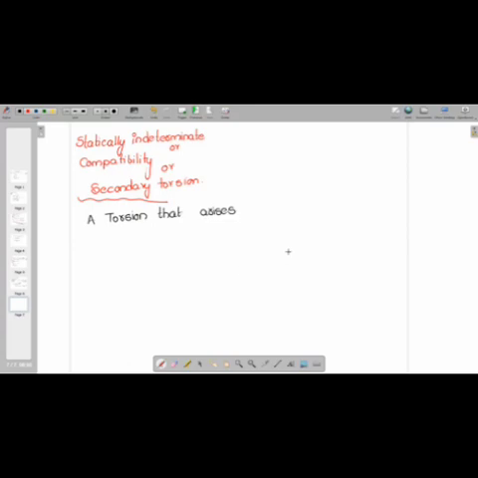A torsion that arises due to continuity is nothing but secondary torsion, or compatibility torsion, or you can say statically indeterminate torsion.